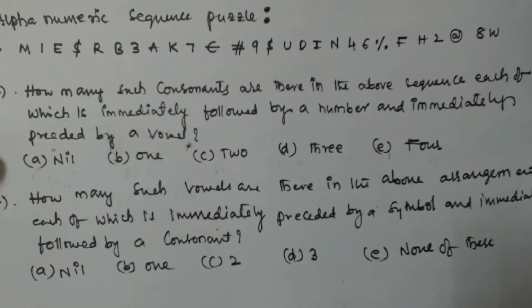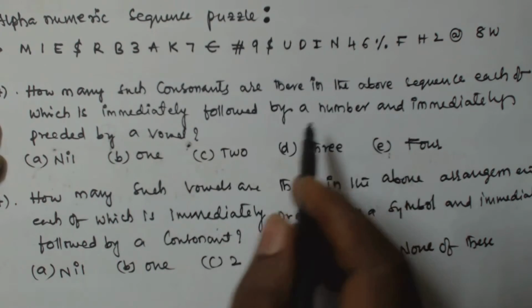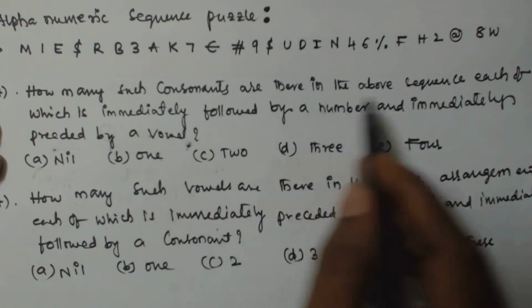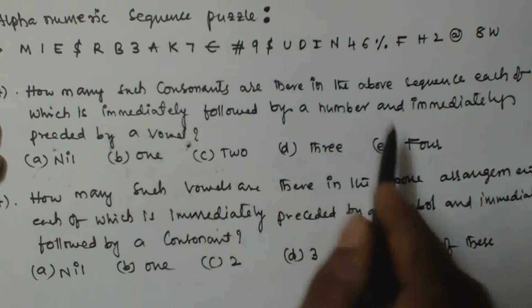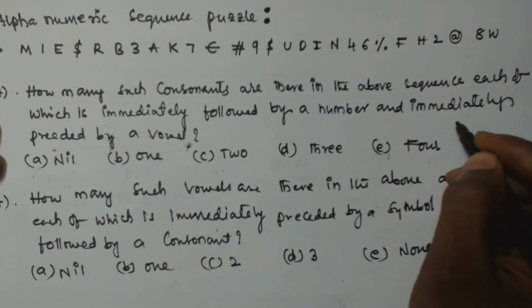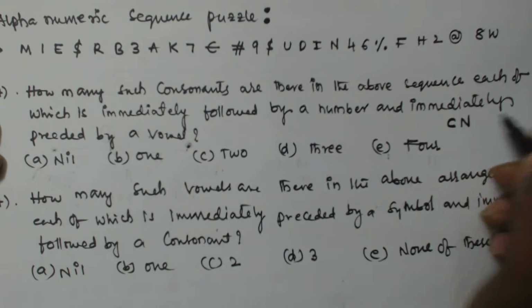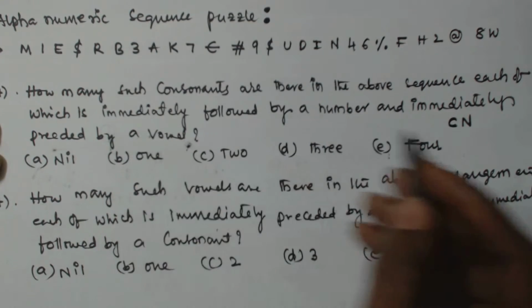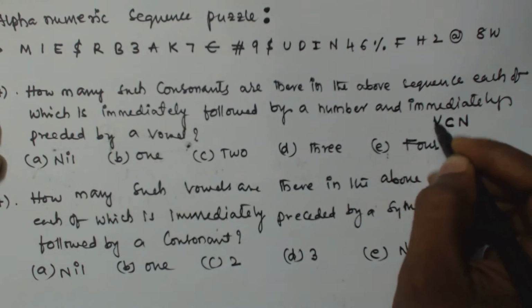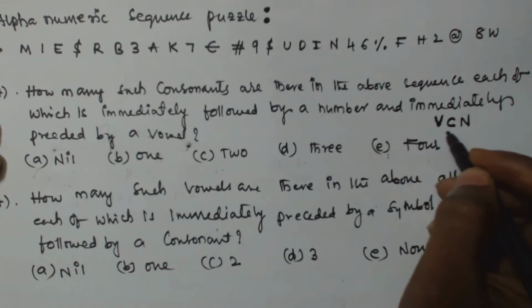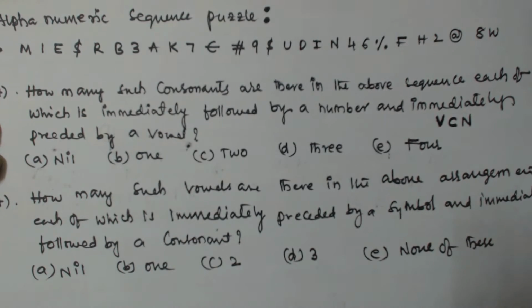Okay, so this one we have to solve, right? So how many such consonants are there? That means how many such consonants, each of which is immediately followed by a number and immediately preceded by a vowel. So it must be in the form of vowel, consonant and number.